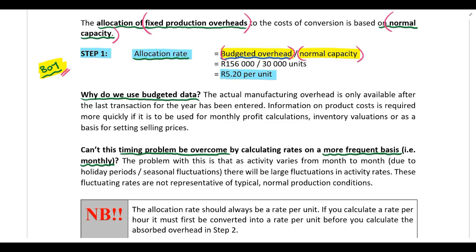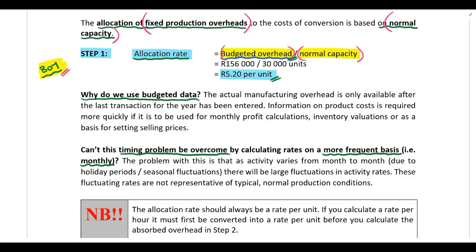At the end of February, we will know the actual cost for January and February, and we can then use that in order to determine the rate for March. So why don't we do this? Instead of just performing one calculation at the beginning of the year where we calculate one rate for the entire year based on budgeted information, why don't we perform the calculation more frequently using up-to-date actual information?